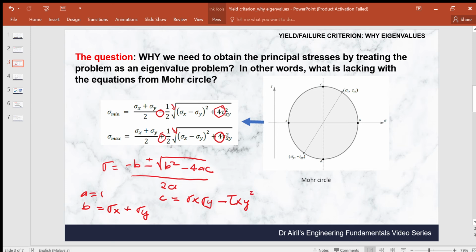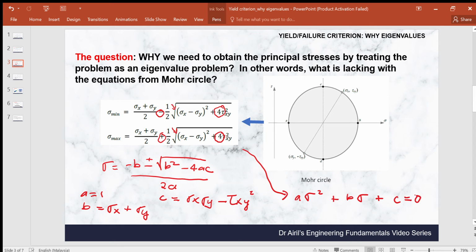But don't worry about this, this is not what I want to discuss. I just want you to notice that this solution must come from a quadratic polynomial in sigma.